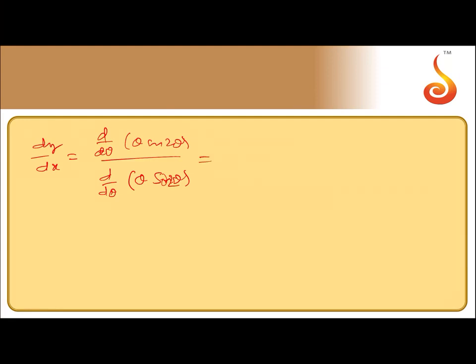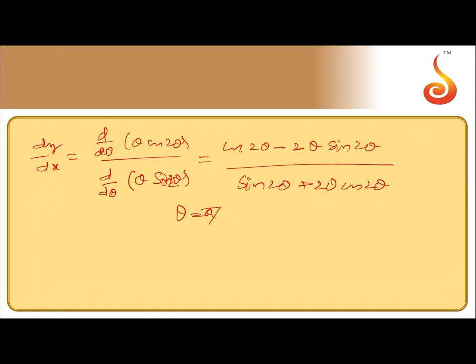So the derivative is cos 2 theta minus 2 theta multiplied by sin 2 theta, divided by sin 2 theta plus 2 theta cos 2 theta.